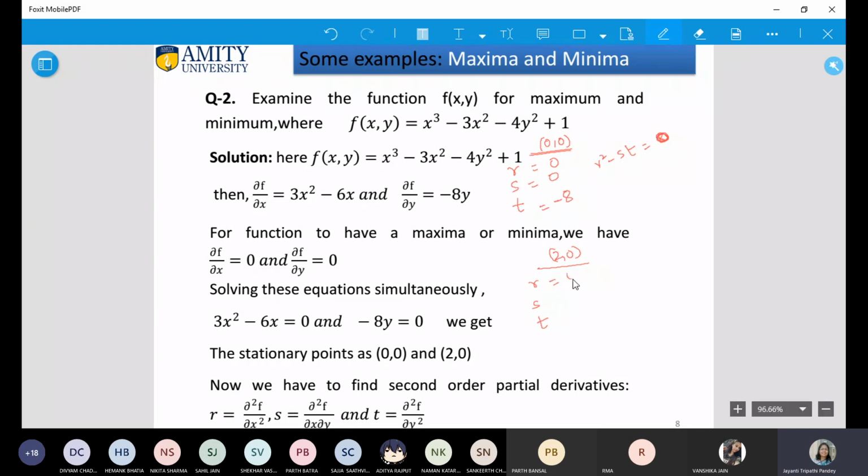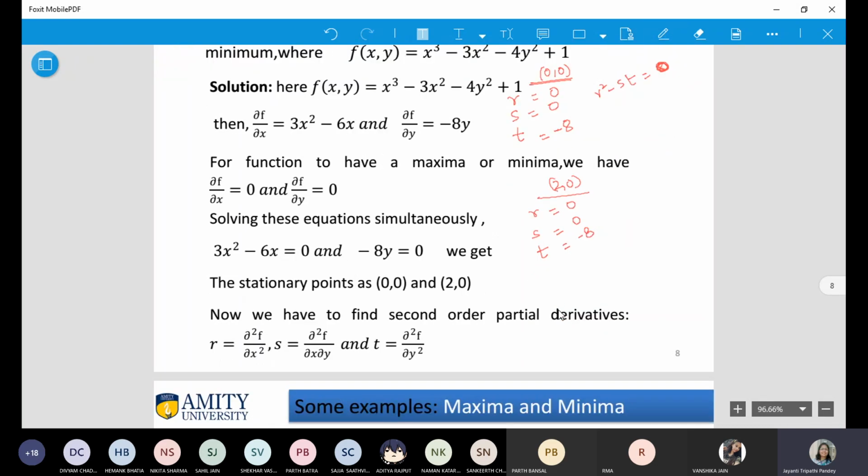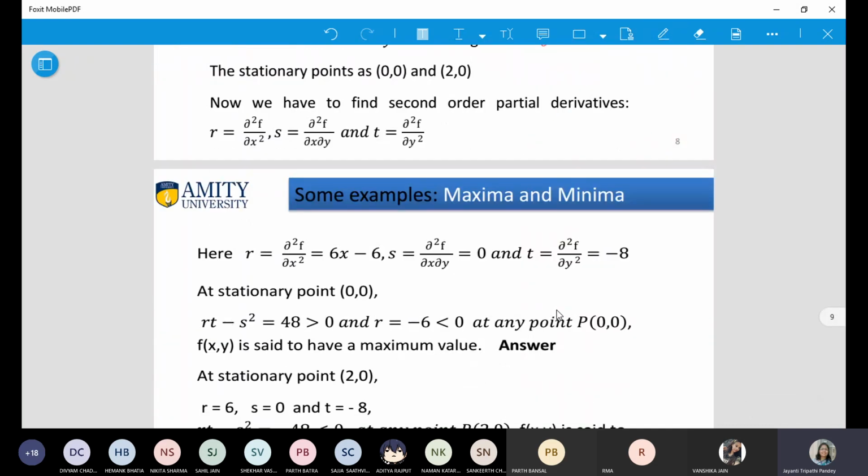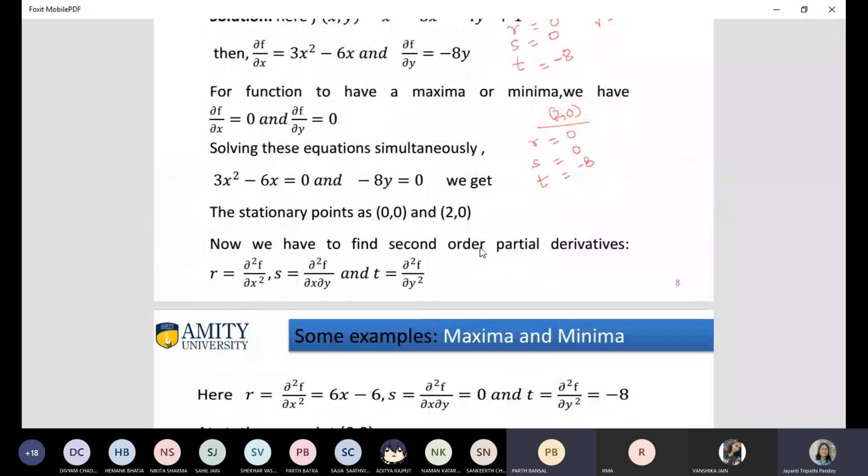Here what will happen? R is 0, S is 0. Same issue. So what is happening here? Let us check. How did the value of R become 0? No, it will not be 0. X is left, sorry. We will put x as 2 here. So it will come 6 times 2, 12.